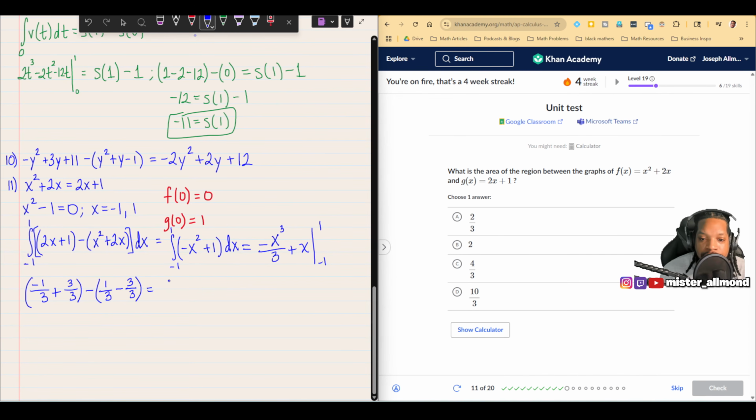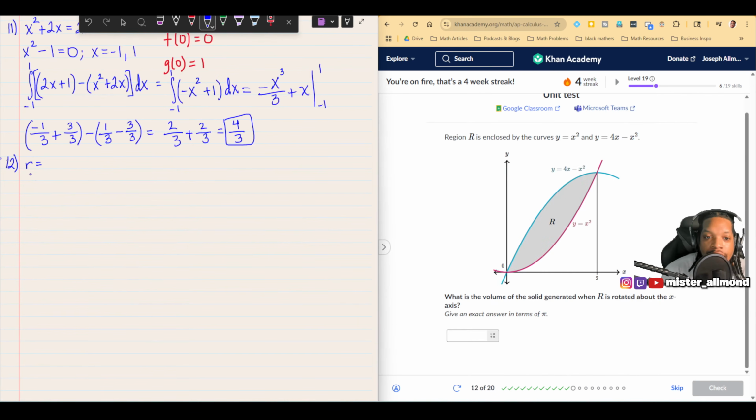Applications of integrals. All right, region R is enclosed by these two curves. Okay, they're both y equals. What is the volume of the solid generated when R is rotated about the x-axis? Okay, looking like a washer method type of question. What I like to do on these is define a little radius and a big radius. I know they already use capital R, but whatever.